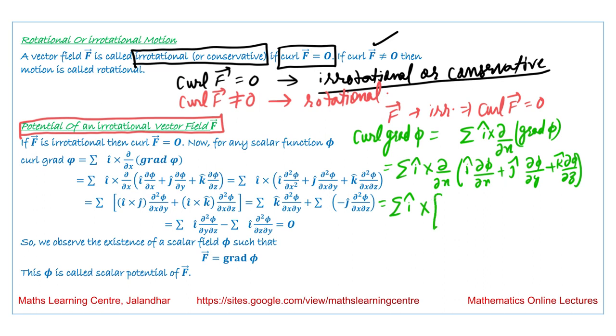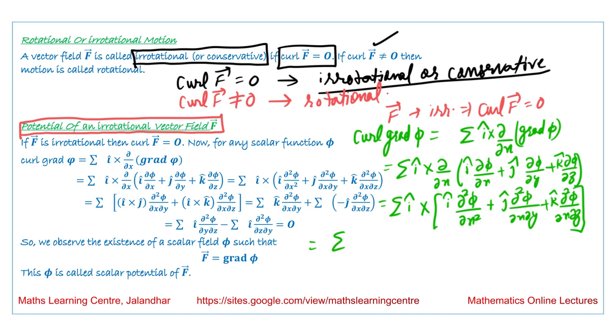Now the terms we have are i cap curly 2 phi by curly x square plus j cap curly 2 phi by curly x curly y plus k cap curly 2 phi by curly x curly z. Taking this cross product, sigma i cross i is 0.